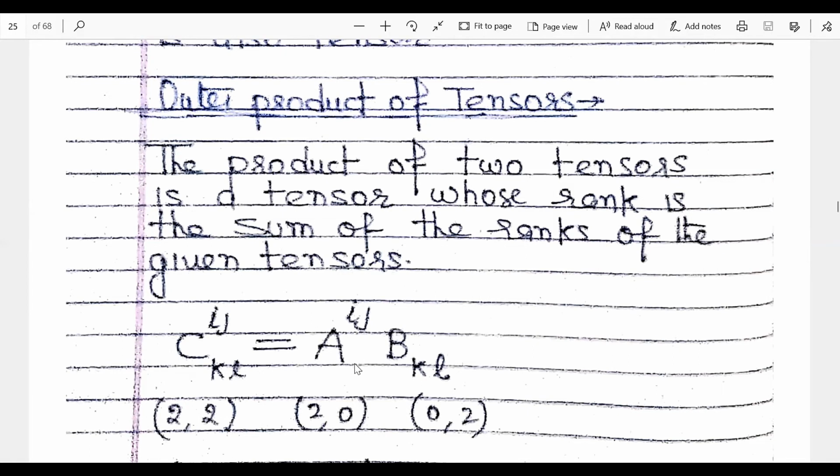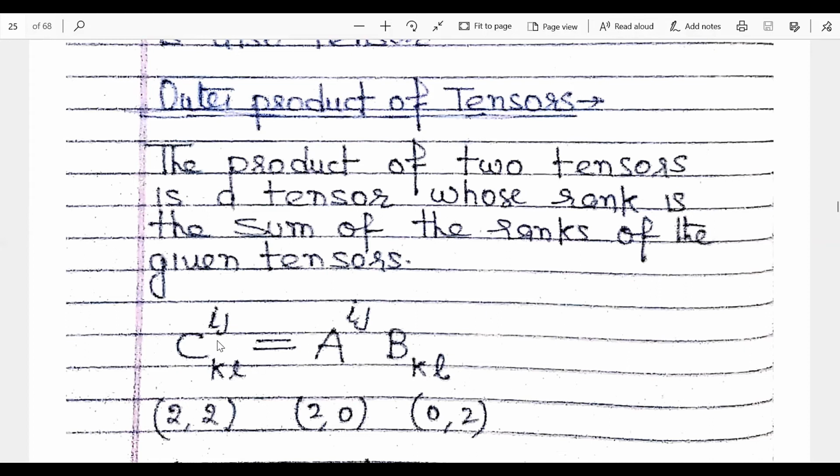For example, if Aij is a contravariant tensor and Bk is a covariant tensor, when we multiply them as an outer product, the result is of order 3 and type 2, 1. When we take the product, it converts into a tensor Cijk.